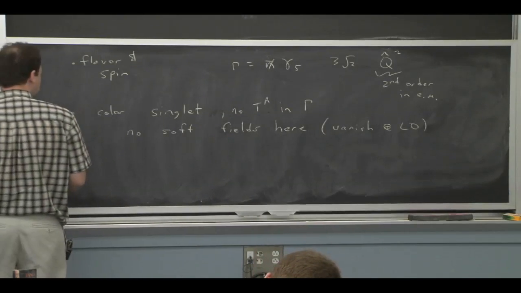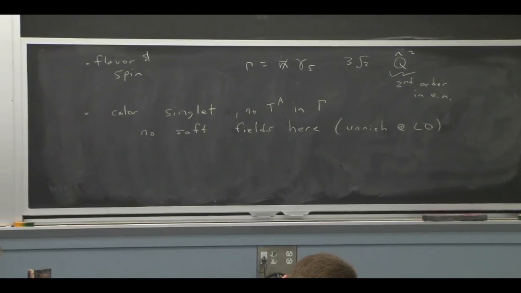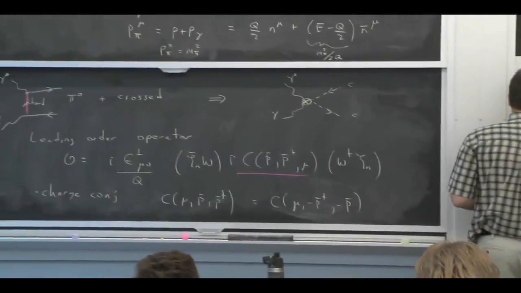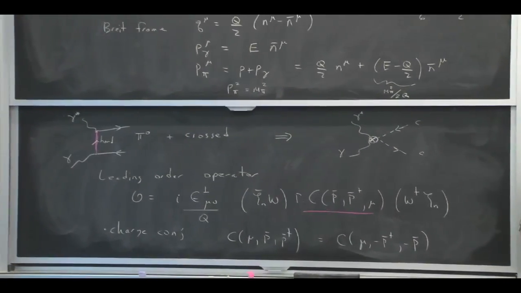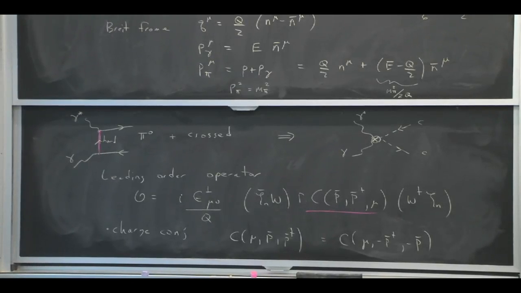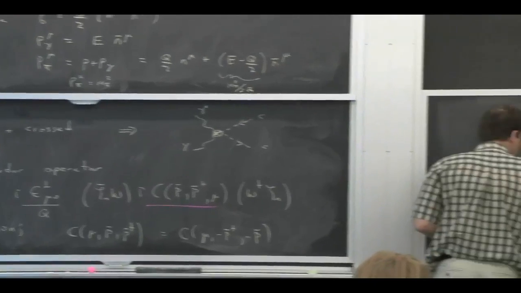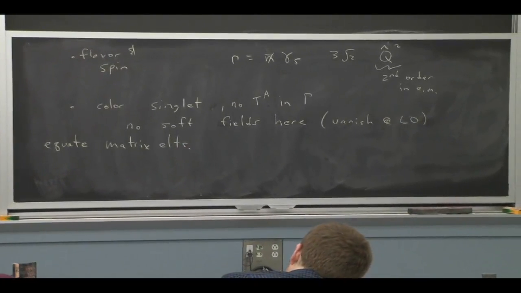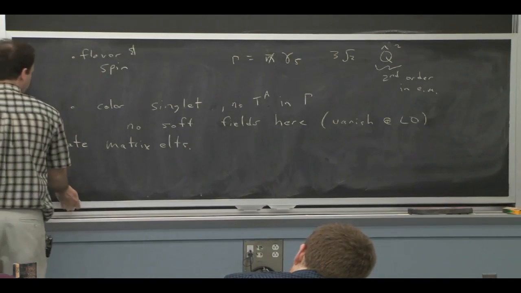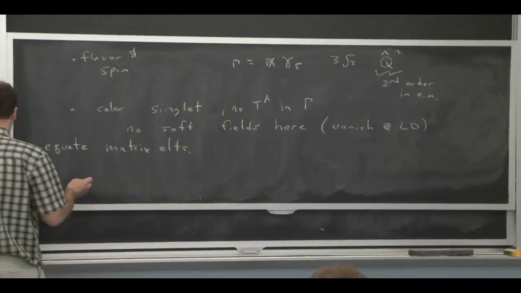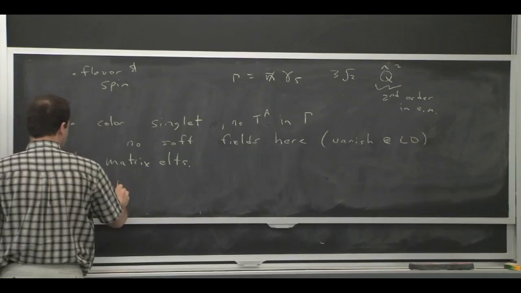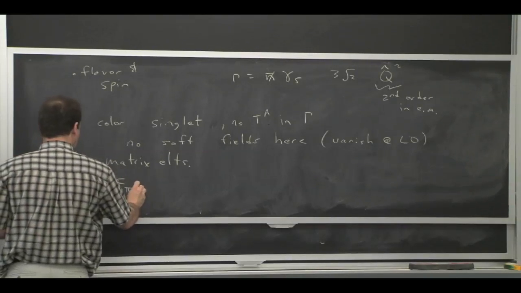OK, so then we would have a formula where we could equate the effective theory result with the full theory result. So we can equate matrix elements. And this is one way in which this example is different than deep inelastic scattering. We're really doing a matching at the amplitude level. So remember the form factor was a parameterization of the amplitude.